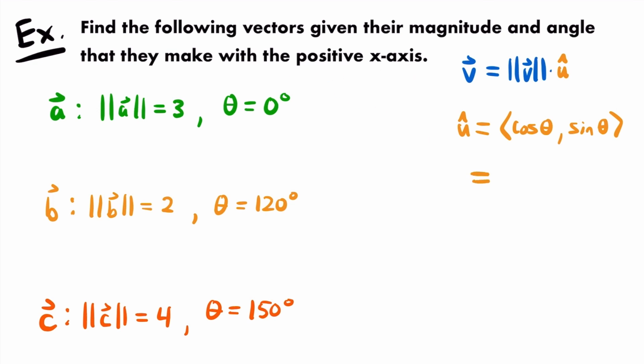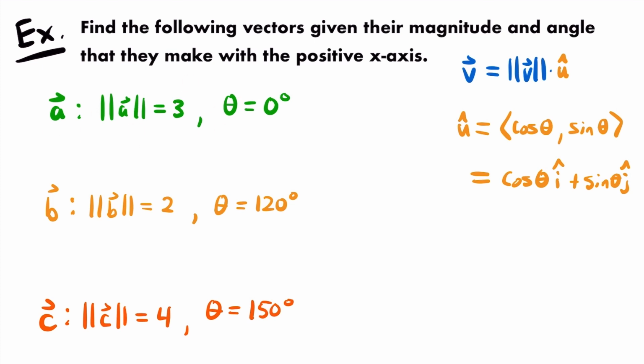Or another way you could write this is cosine theta times i plus sine theta times j. Either way, multiplying the magnitude of a vector by this unit vector will also give you the vector that you're trying to find. So for these three vectors, vector A, vector B, and vector C, we are given a magnitude and an angle that they make with the positive x-axis that we can use to find those vectors.